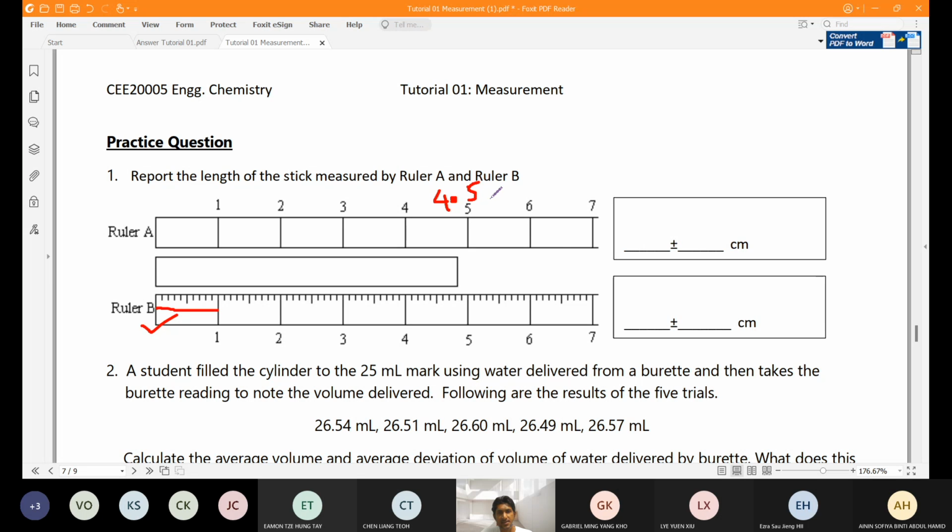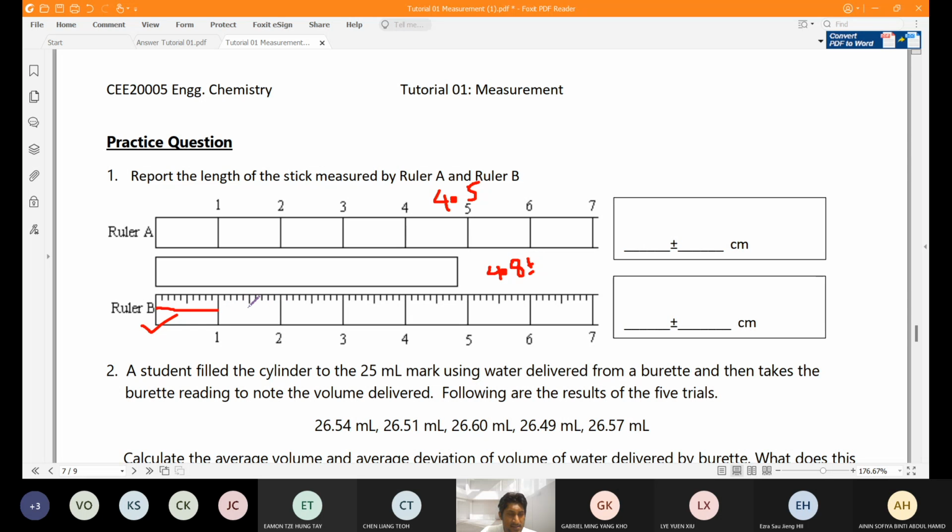It is not 5, it is 4 point something. But for this, we understand that it is 4 point 1, 2, 3, 4, 5, 6, 7, 8. 4.8 plus minus half of it.